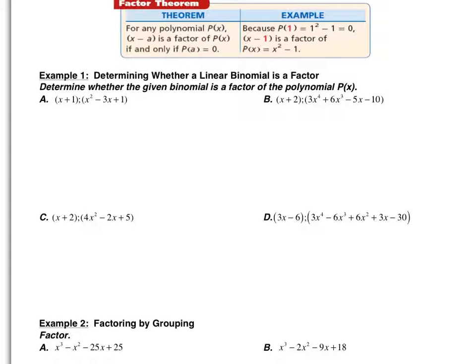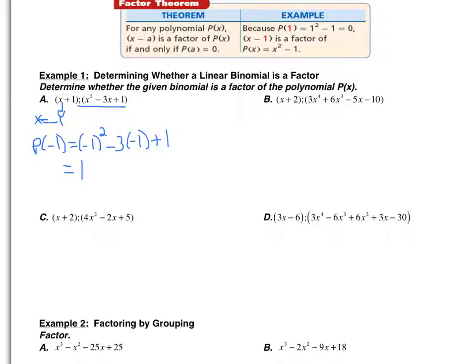So in this case, we know that if it's x plus 1, then x is equal to negative 1. And if we take p of negative 1 and plug it into our polynomial, then it should be 0 if it truly is a factor. So I have negative 1 squared minus 3 times negative 1 plus 1.